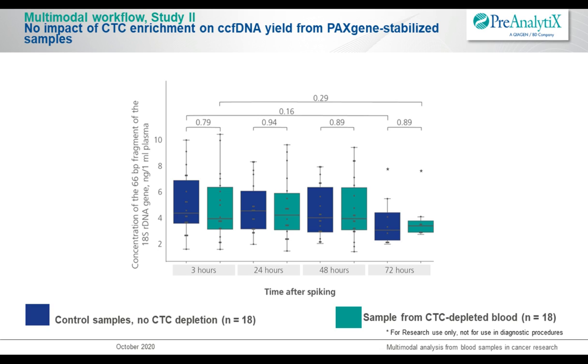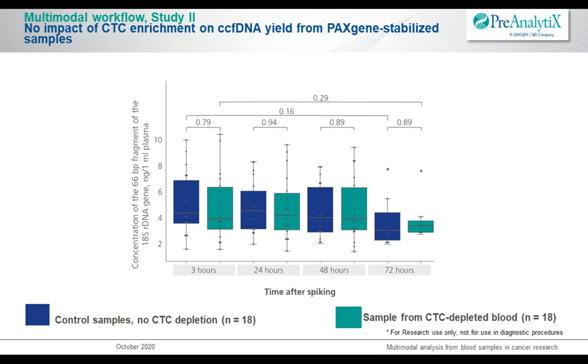For this, we used on one hand these greenish samples, which were used for the complete workflow, including the CTC depletion via the ADNA test, and we also used some control samples where we have no CTC depletion done, and compared them side by side.